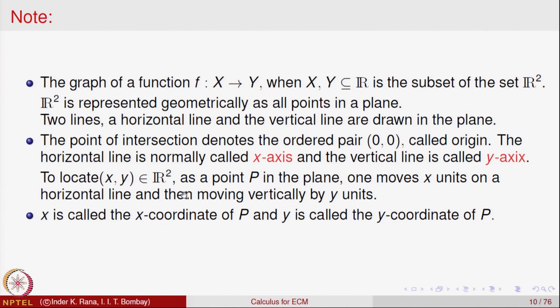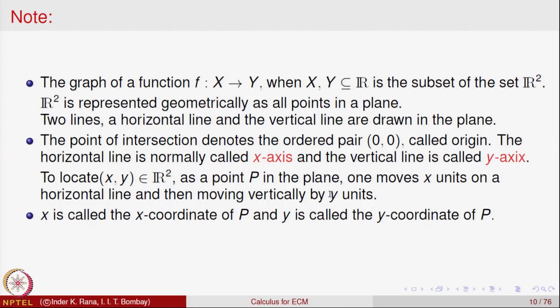To locate a point (x, y) on R2, given an ordered pair in R2, how is the point located in the plane? One moves x units on the horizontal line and y units on the vertical line.